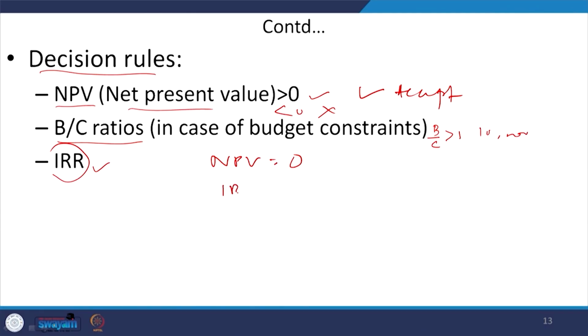If IRR is greater than this minimum acceptable rate of return, which is the minimum beyond which this particular project is not feasible, then we are saying if the IRR of a project is greater than the minimum acceptable rate of return, the project should be accepted or approved, and if it is less than this MARR, then obviously the project or the policy should be rejected.